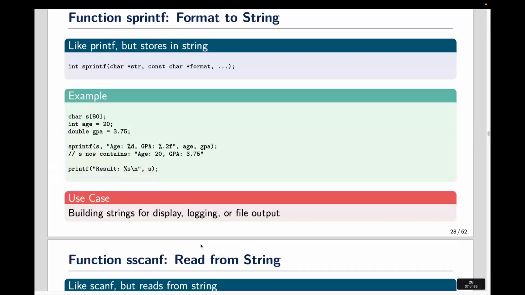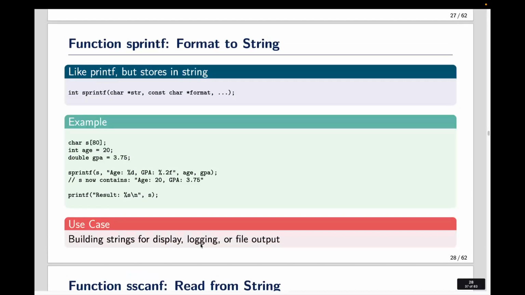Then the last thing for this part is sprintf. This works just like printf, but stores inside the string. Up till now, you are using printf to print on the monitor or output device. Here, this is going to store inside the string. The format specification is exactly the same.